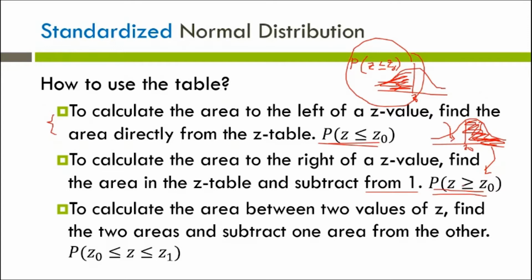So we can rewrite this. The probability of z greater than or equal to z sub 0 can actually be rewritten as 1 minus the probability of z less than or equal to z sub 0. Which means just get the probability of this one from the table, then subtract that from 1.